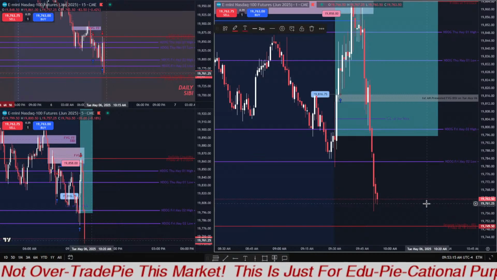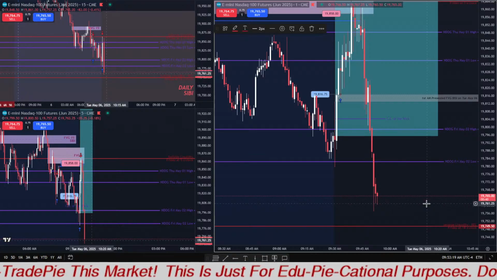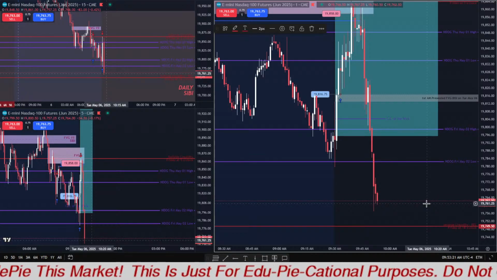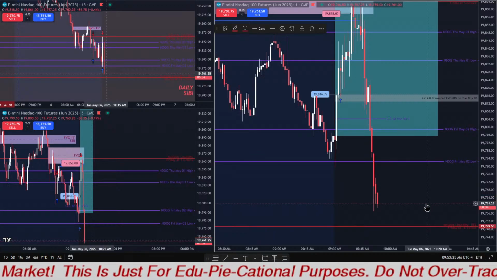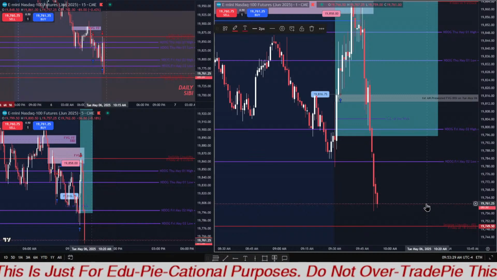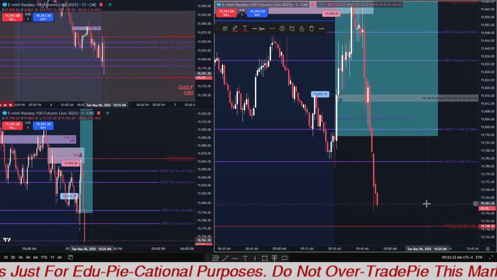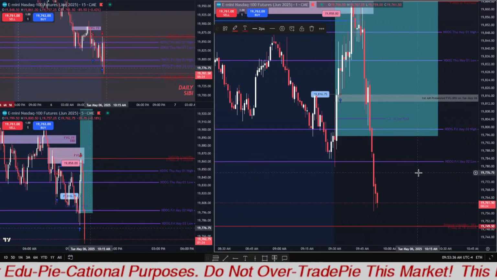The sell side liquidity is resting at 19,749.5 or 750, around 10 handles from the sell side liquidity that I highlighted on the chart.